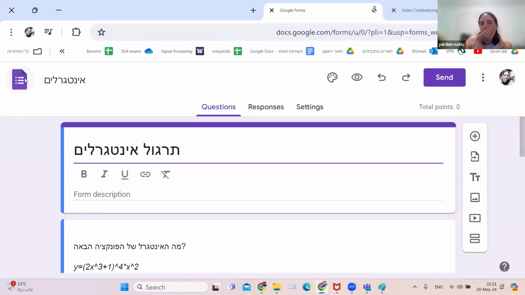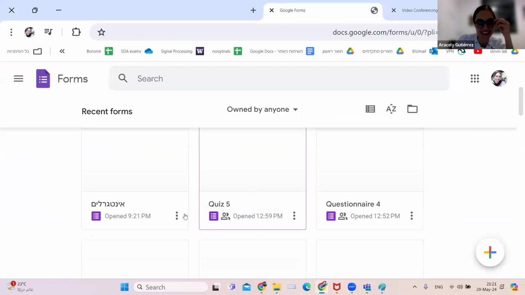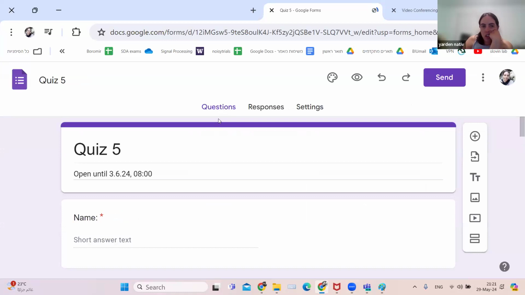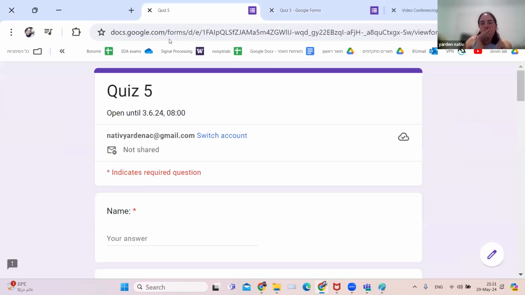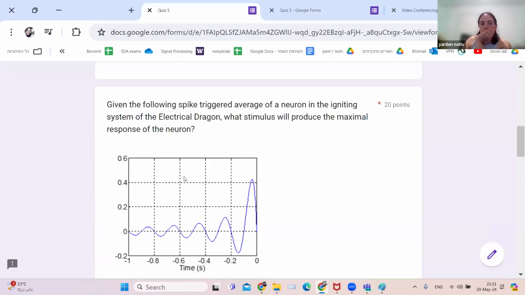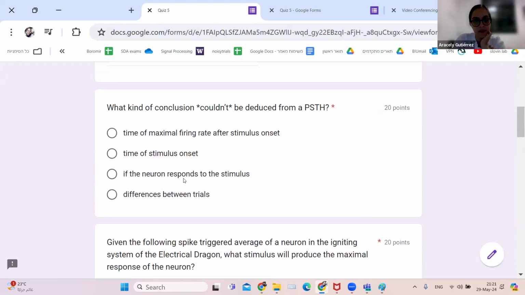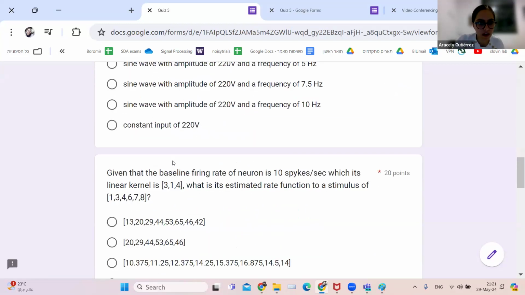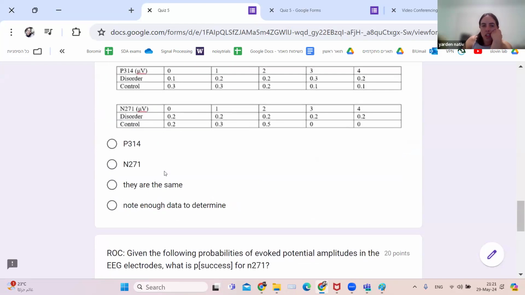I use too many Google Forms. And it's this one, right? Yes, it's this one. So I'm wondering about the penultimate question. One minute. So we'll just open it. So I want to preview it. Yes. Okay. Which ones? About the ROC curve. Yes, that one.